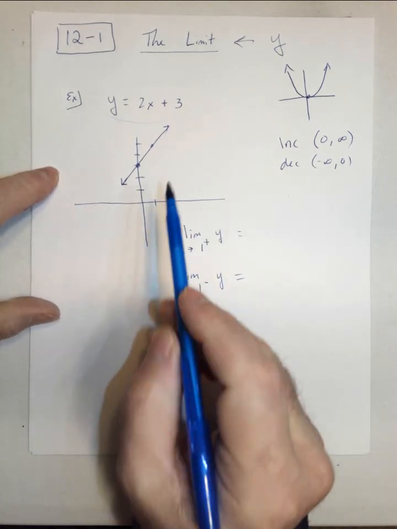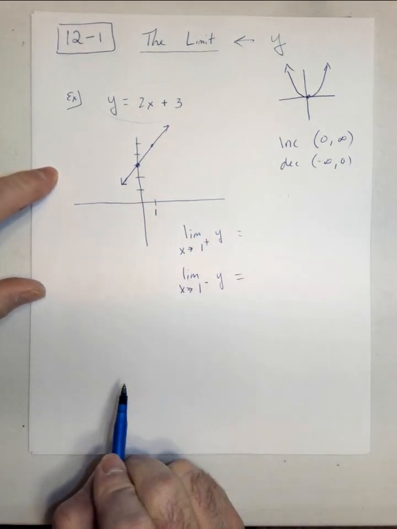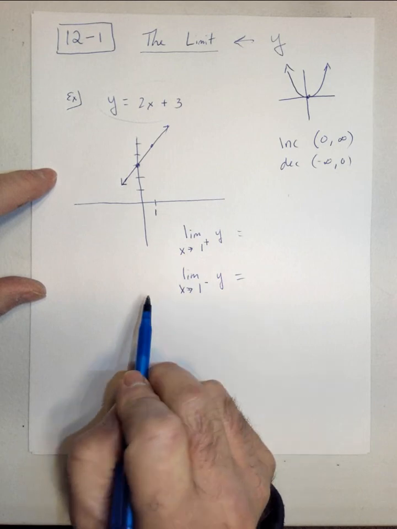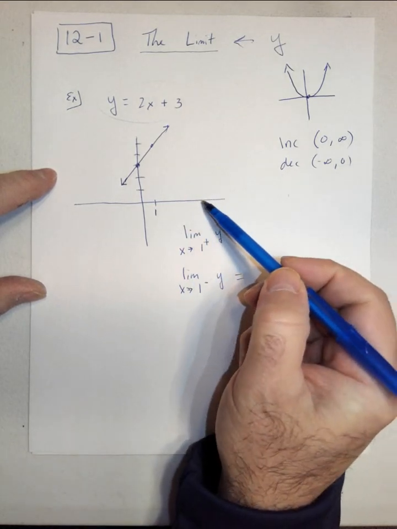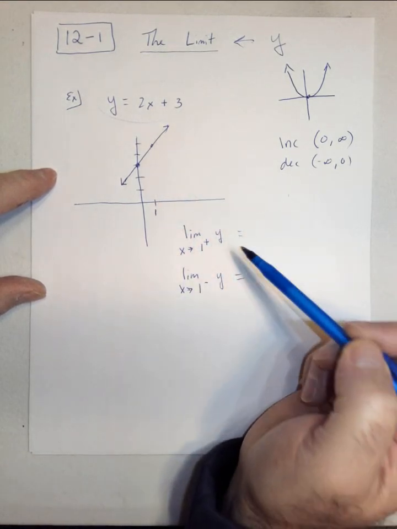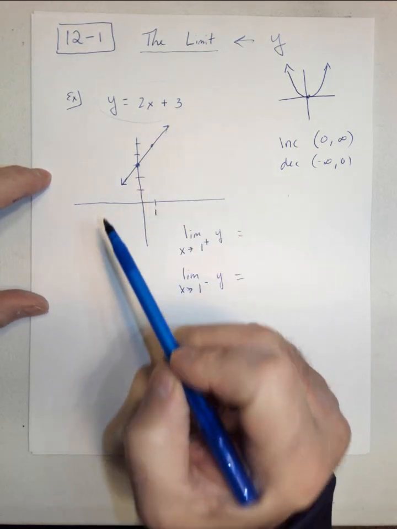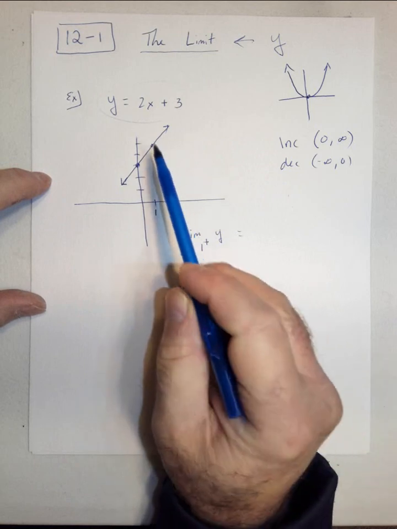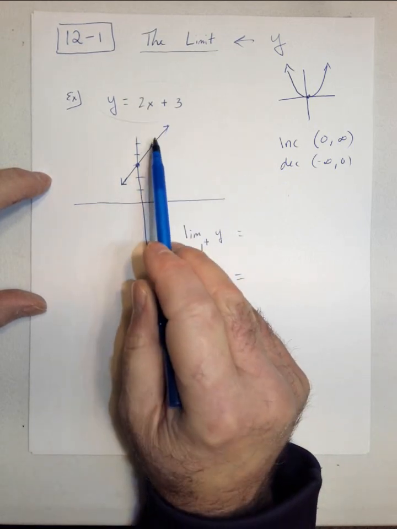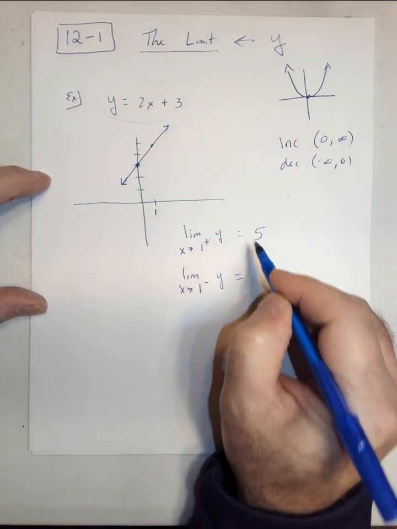So, as we approach this x value from the right, remember the plus sign means from the right, so as we're approaching, what's y doing? What is the y value? And with some of these functions, we can just plug in 1 here, right? And we see that the value is 5.